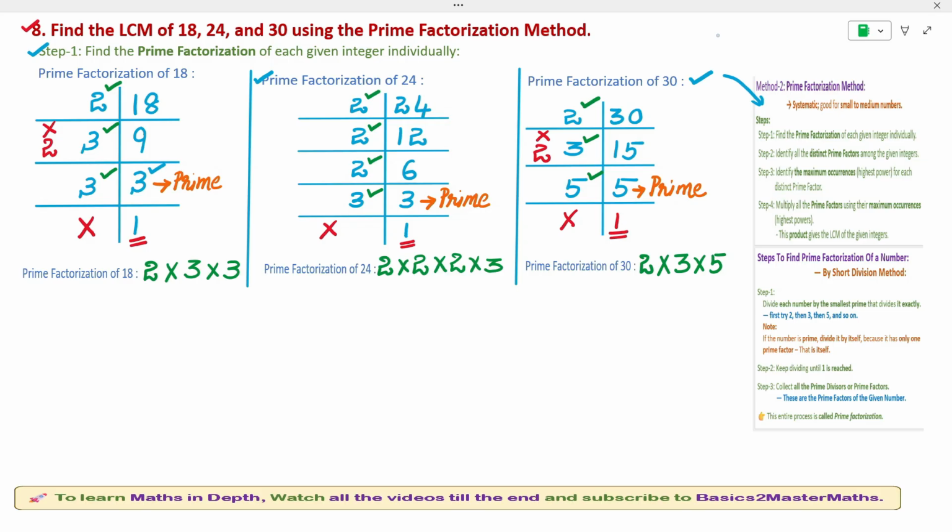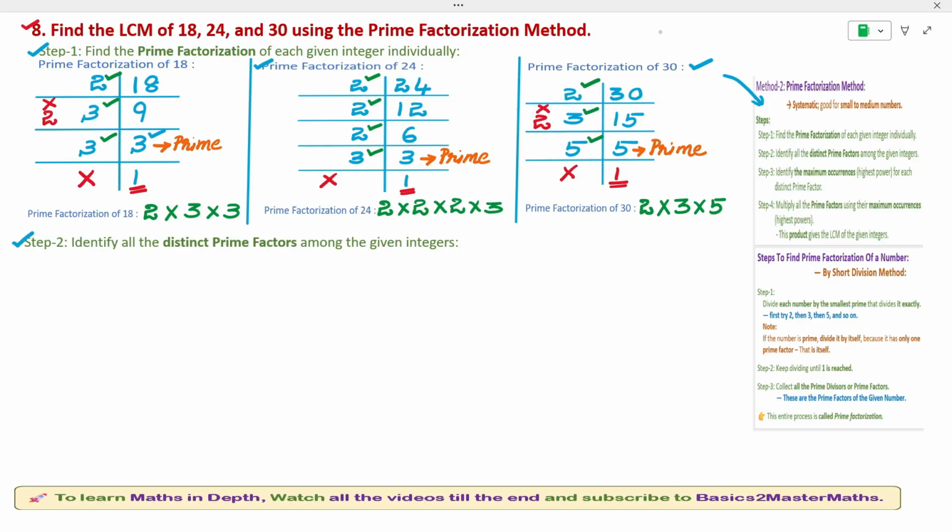Got it? Step 2. Identify all the distinct prime factors among the given integers. In this case, the distinct prime factors are 2, 3, and 5.